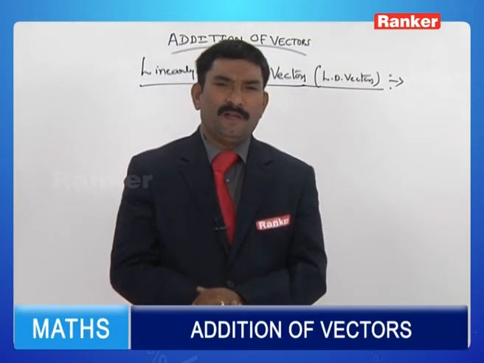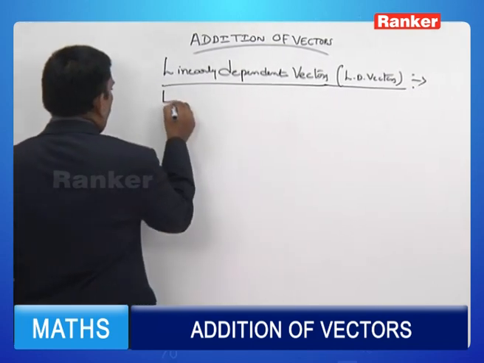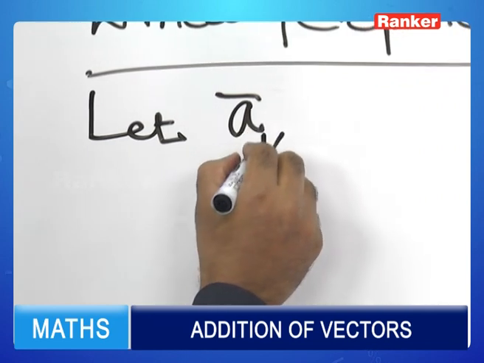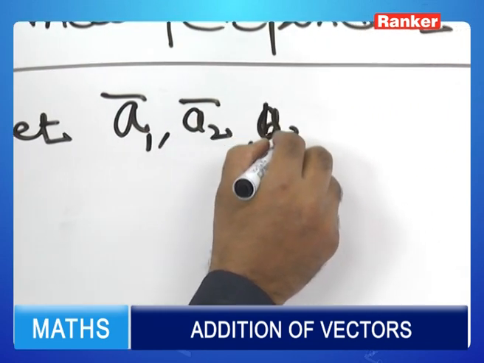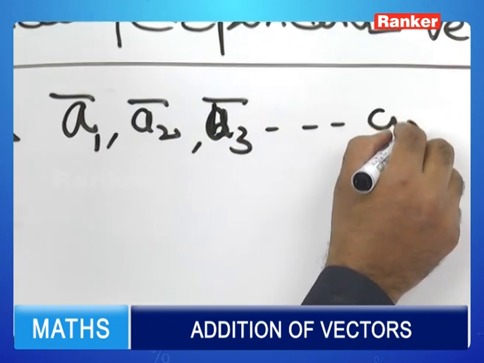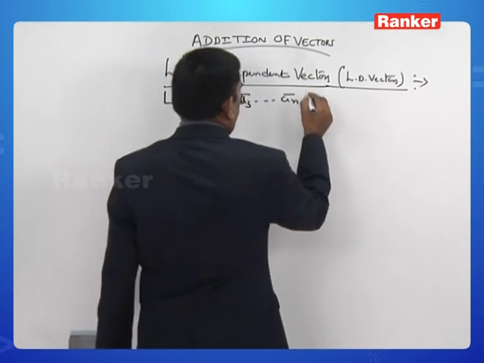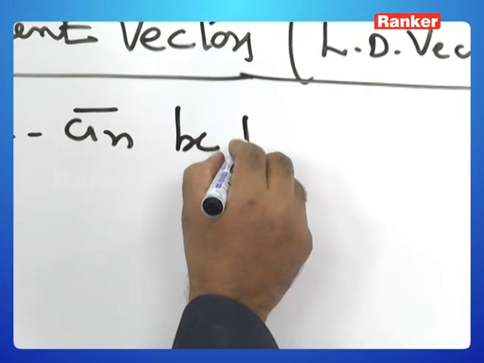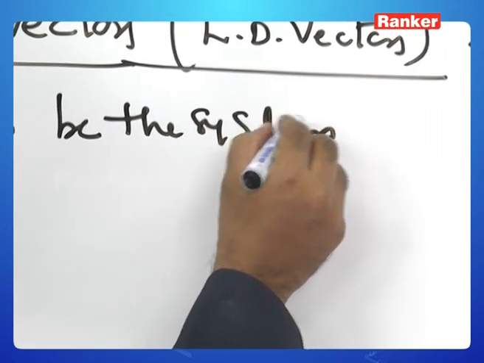Now, for linearly dependent vectors, let a1 bar, a2 bar, a3 bar, and so on, an bar be the system of vectors.